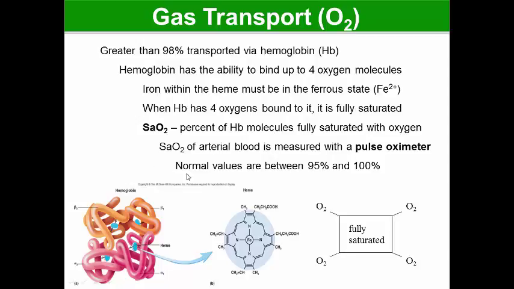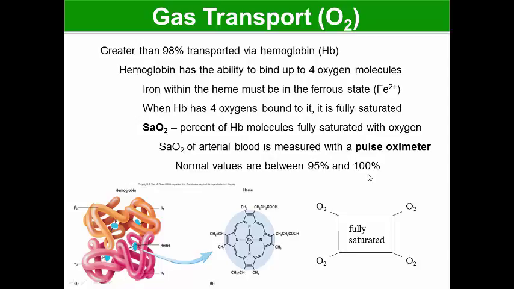The oxygen saturation of the arterial blood is measured with the pulse oximeter, and I believe you must have seen this in the hospitals and in the healthcare centers. And the normal values of the oxygen saturation of the arterial blood are between 95% and 100%.